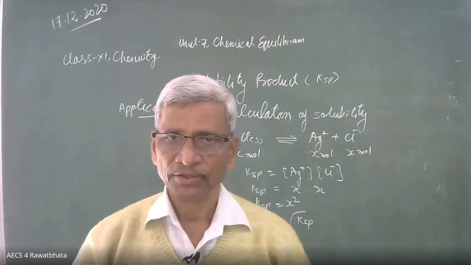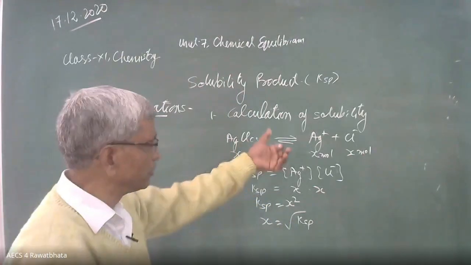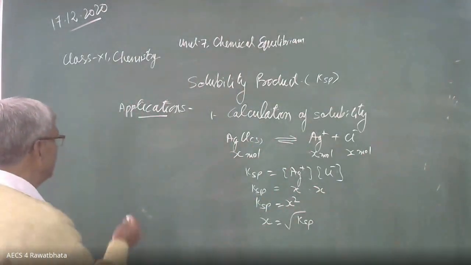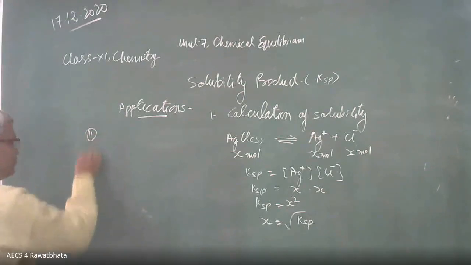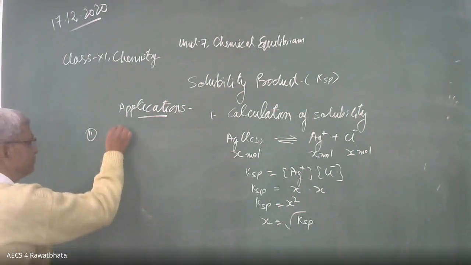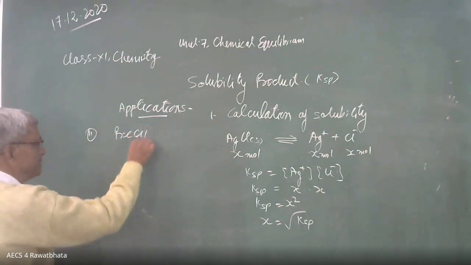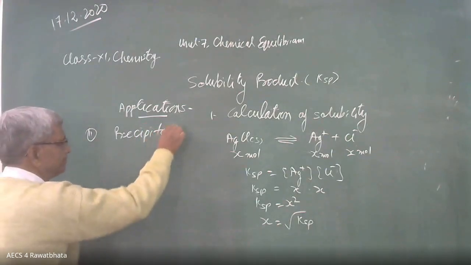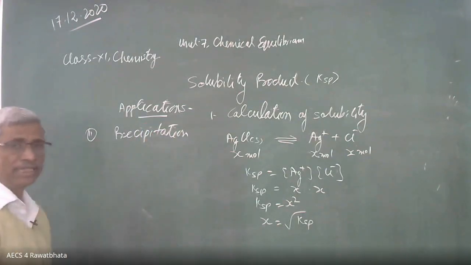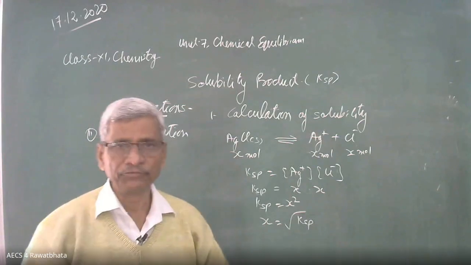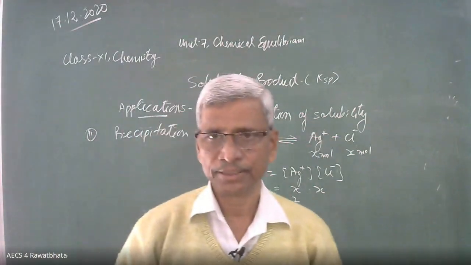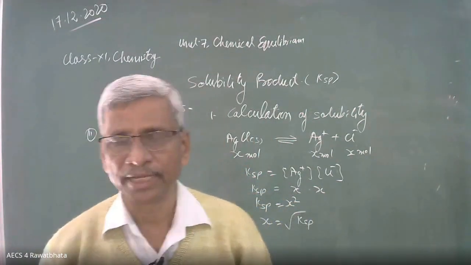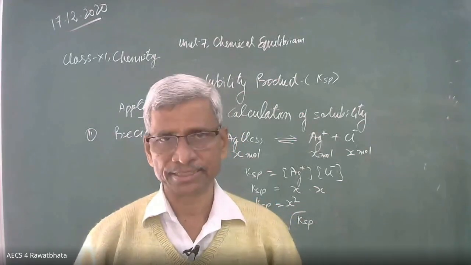This is the one application. Okay. One more application. After that, we are going to calculate the same. The second application is precipitation. When we mix two liquids, two substances combine, and then precipitation starts.